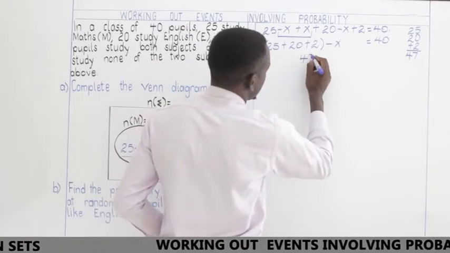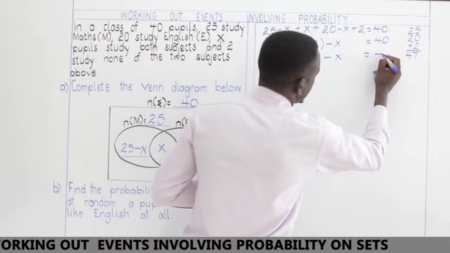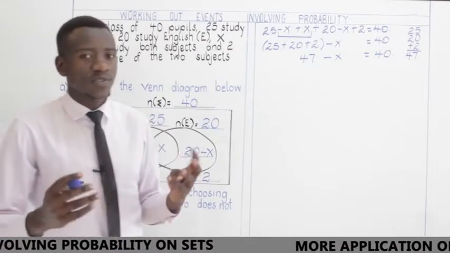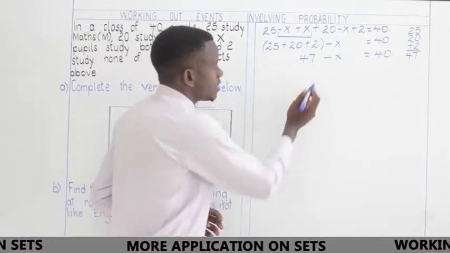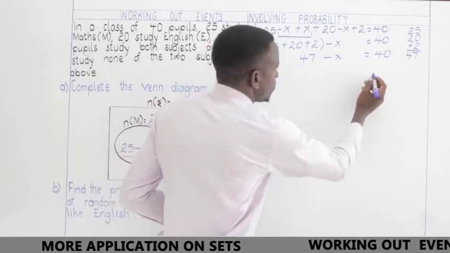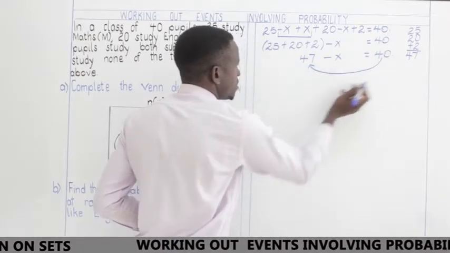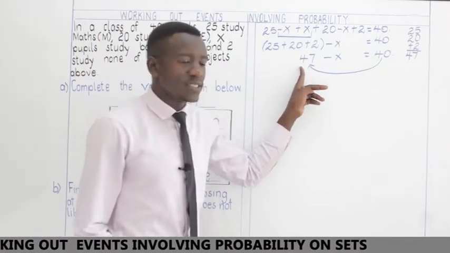So 47 minus x is equal to 40. At this step, we can use various ways of getting the value of x. So we can collect like terms, and we bring 40 to 47 because they are whole numbers.